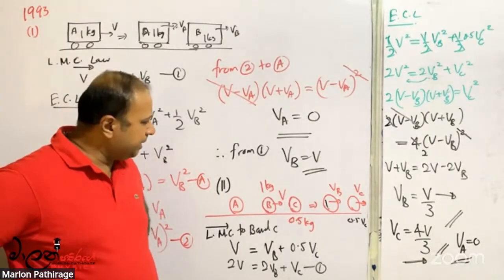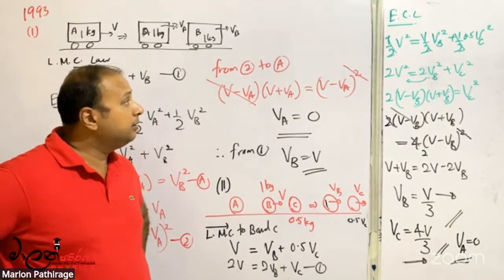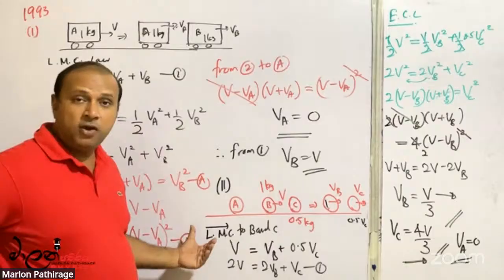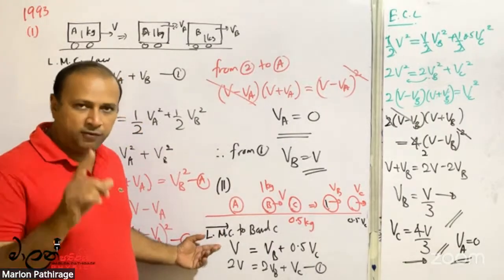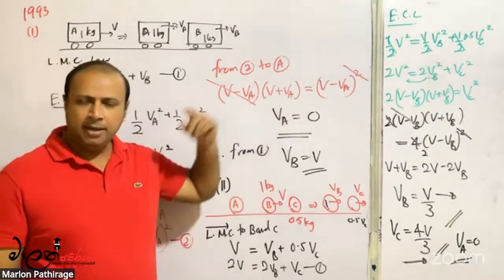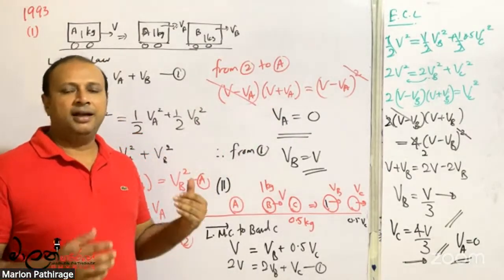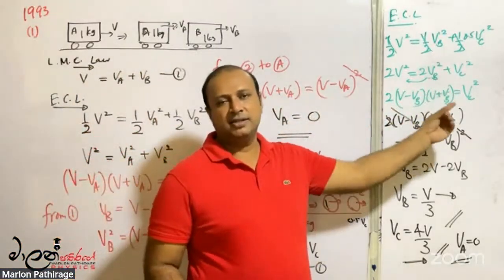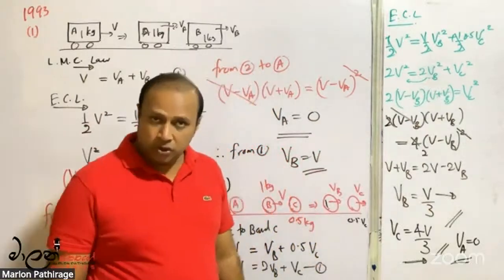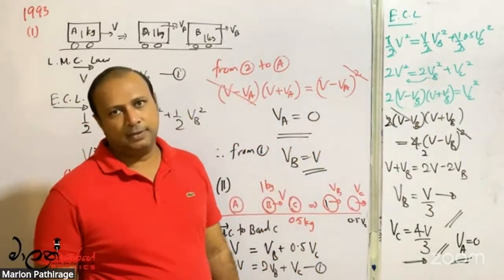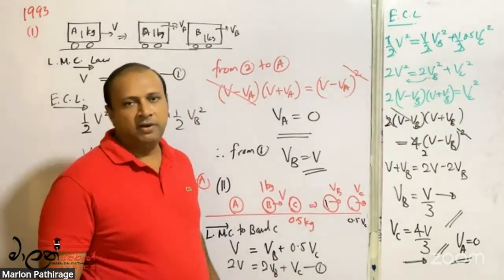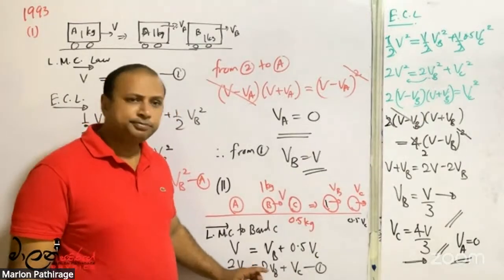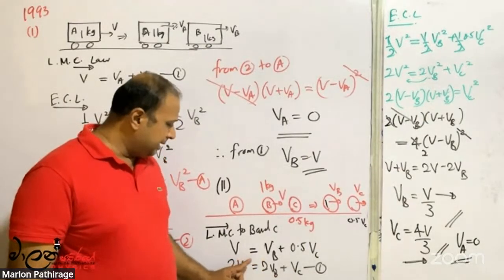So when you are doing calculations in this kind of question, if we apply both linear momentum conservation and energy conservation, it is very easy to use difference of squares to solve these two equations, because one equation has only a single power.